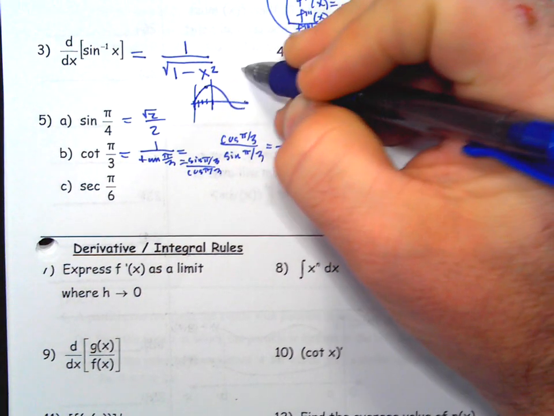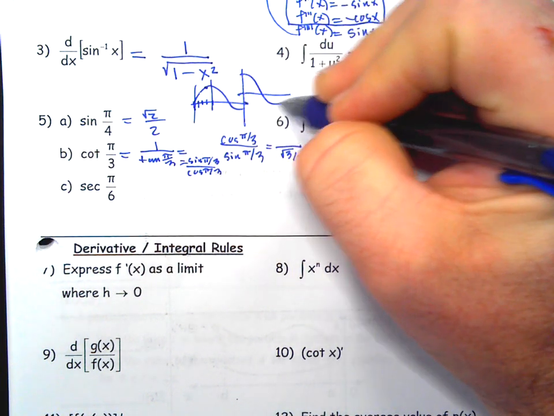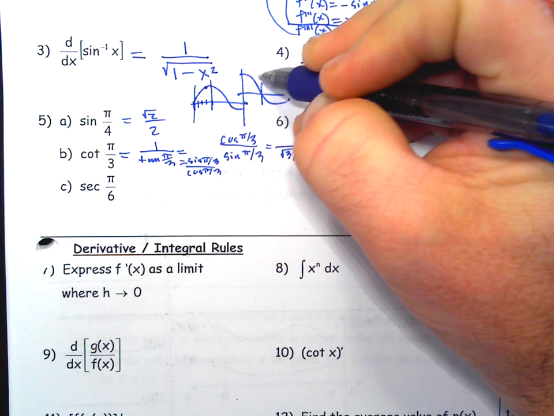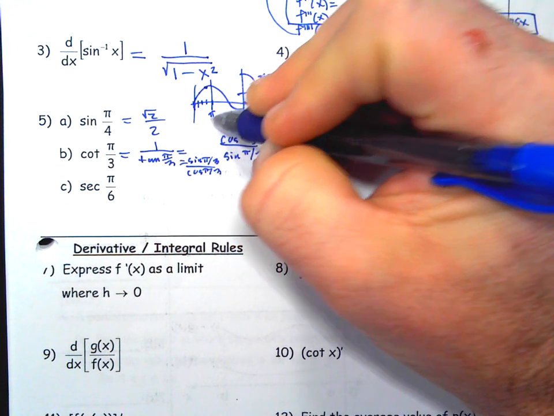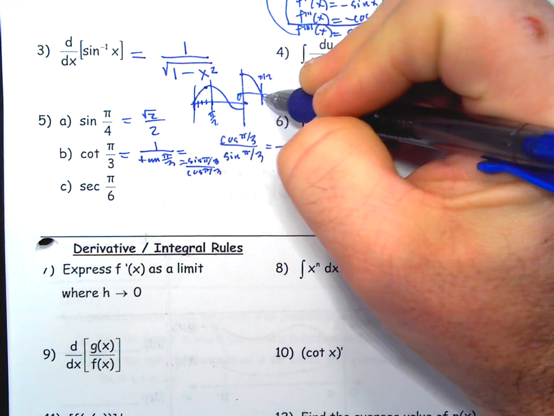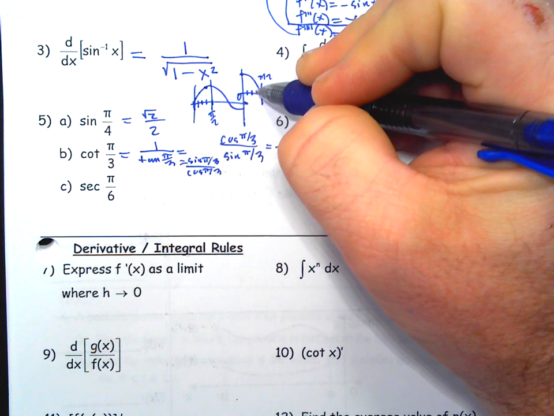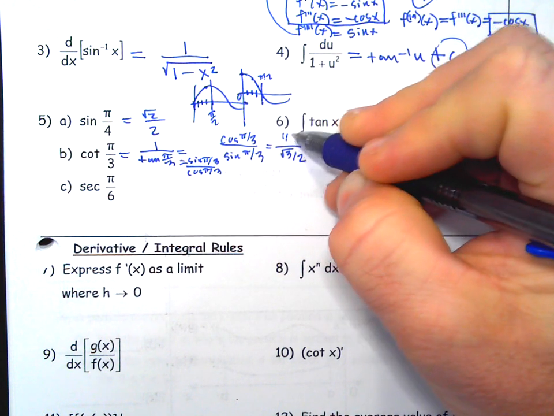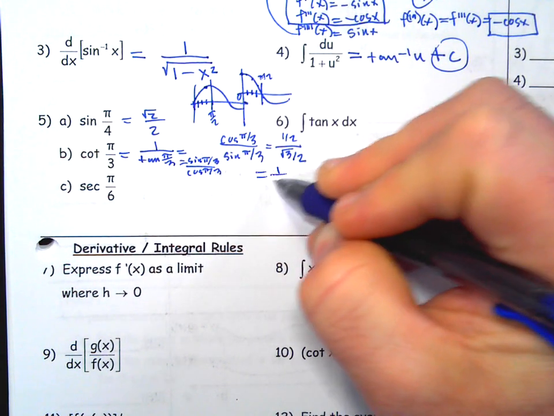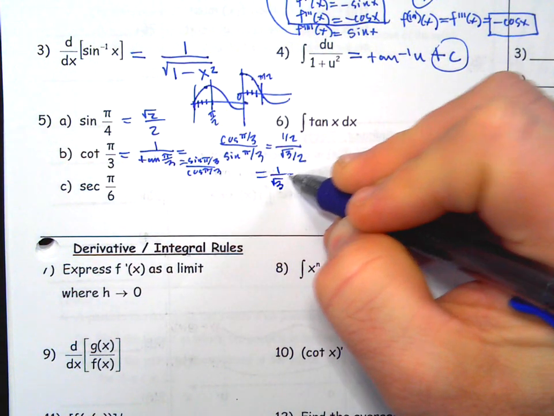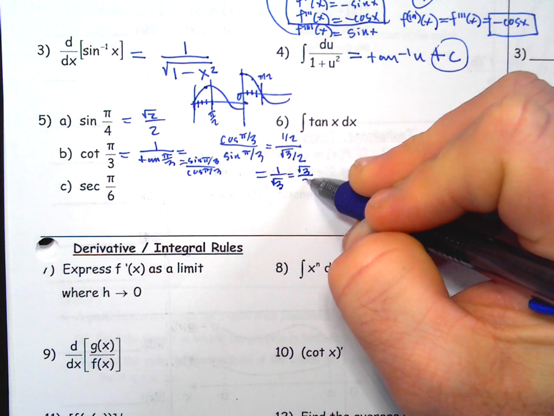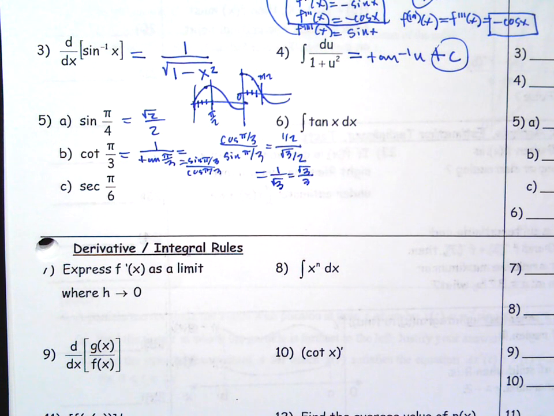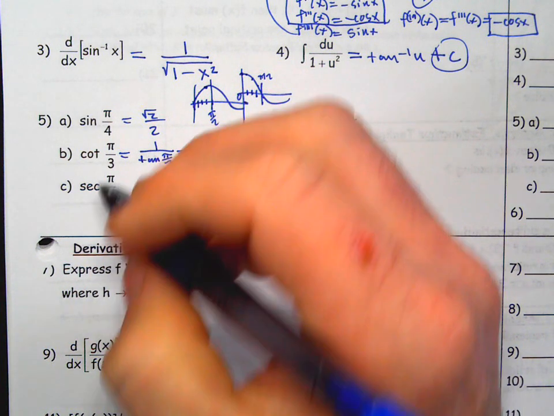Cosine has the same values, but it goes from the top to the bottom: pi over 6, pi over 4, pi over 3 give root 3 over 2, root 2 over 2, 1/2. And so then your answer is 1 over root 3, which you could rationalize the denominator if you like. Not a requirement necessarily, but multiple choice might ask you to do that.